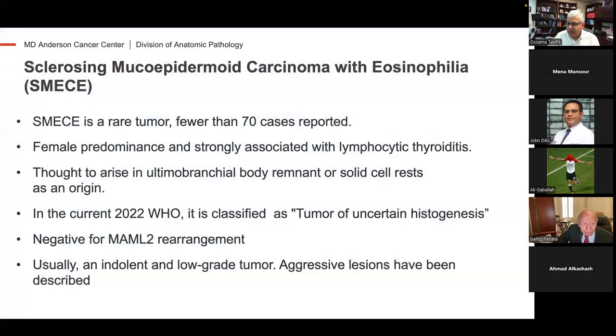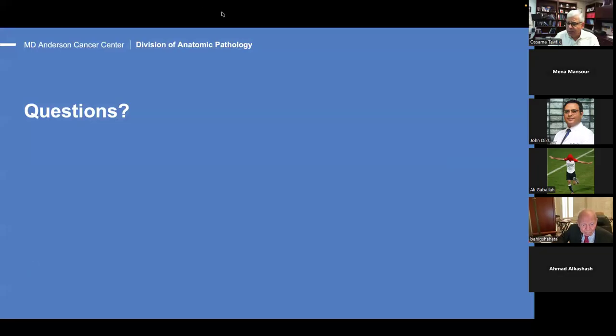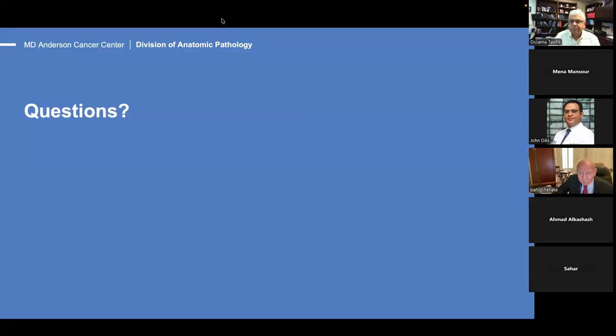Well, I don't see lectures or questions. How to confirm the diagnosis of the last case? That was one question by Ali. It's usually by H&E, right? Like you look at it, you see the squamoidness, you see mucin cells, right? It stains for P63. It's not high grade, so you should exclude anaplastic.